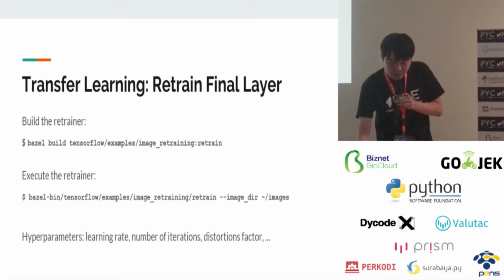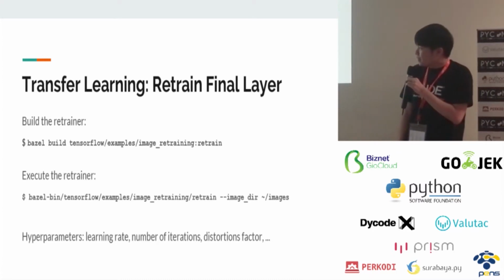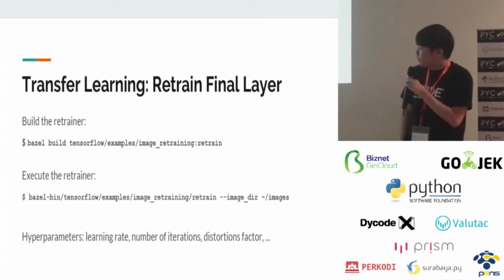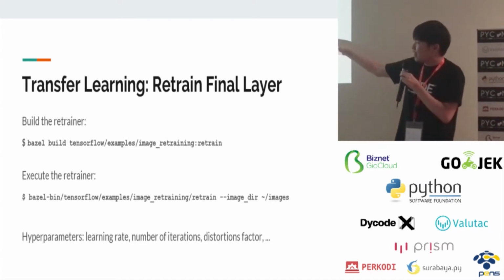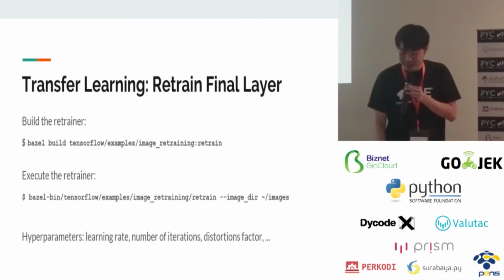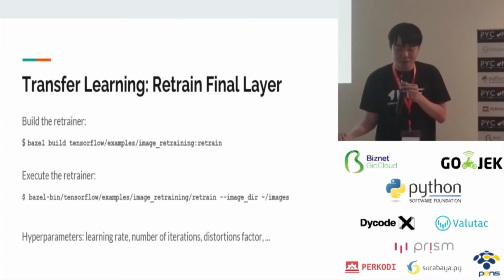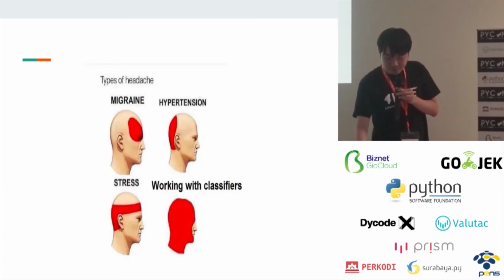So to retrain the final layer, if you are using TensorFlow, it's actually very easy. You only need to use Bazel. You build the retrainer with 1 command line, and you can execute the retrainer with another 1 line command. And after that, you can play with a lot of deep learning parameters such as learning rate, the number of iterations, and many others.